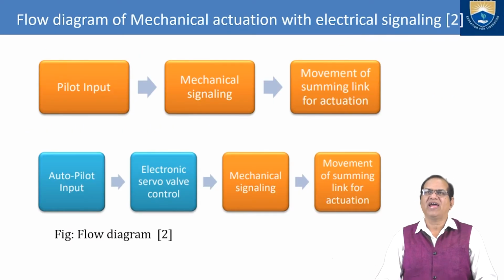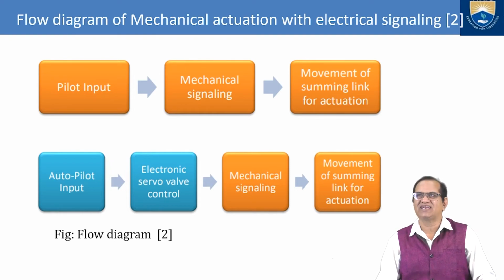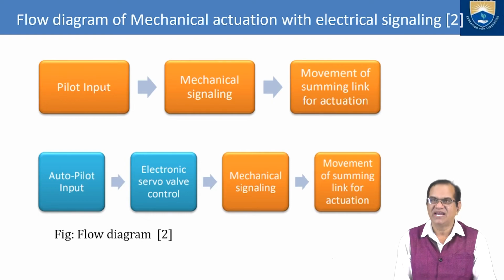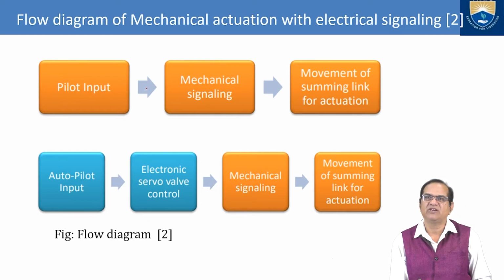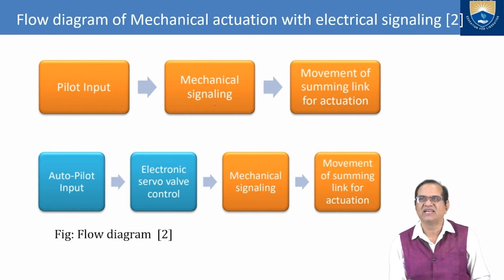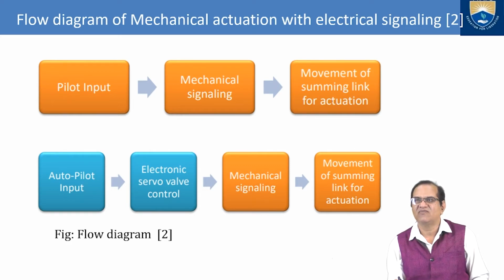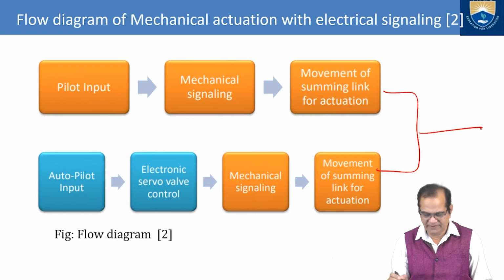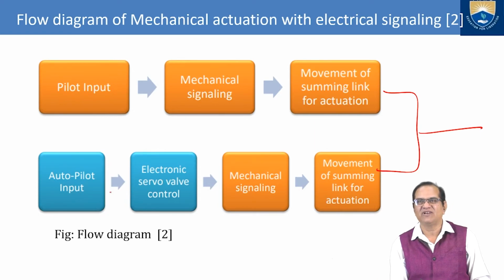Now, flow diagram of a mechanical actuation with electrical signal. Here is a pilot input. This pilot input is given to the mechanical signaling. From there, it goes to the movement of summing link for actuation. There is also a parallel system in this, and both are connected here. Autopilot signal will go to the electronic servo valve control. Then it is a mechanical signaling.